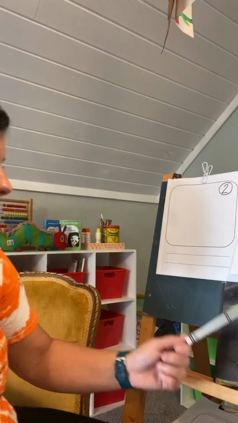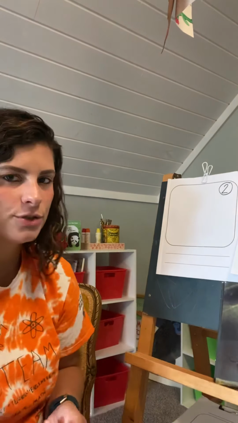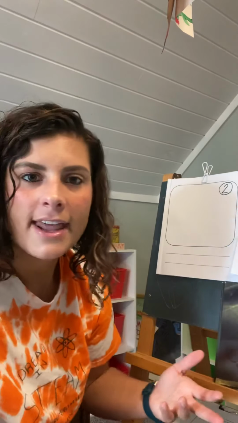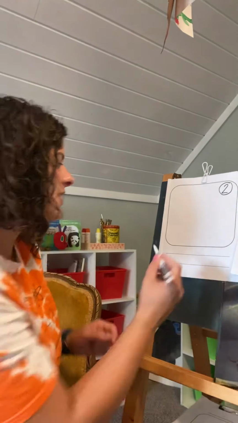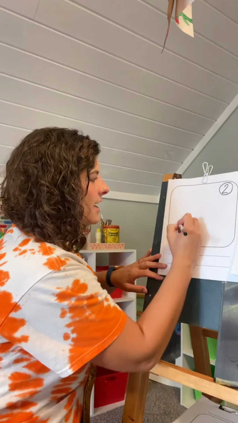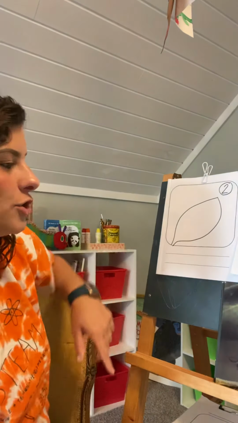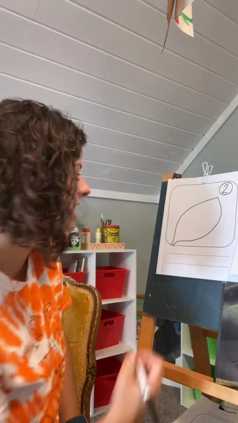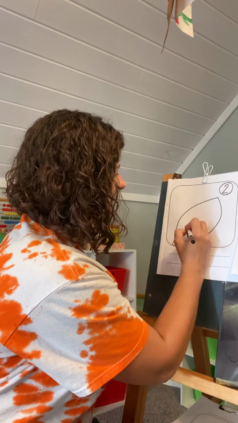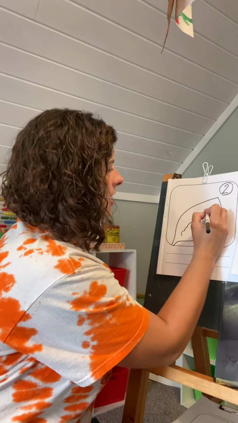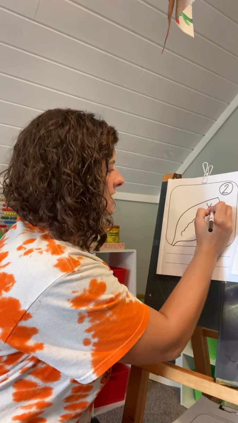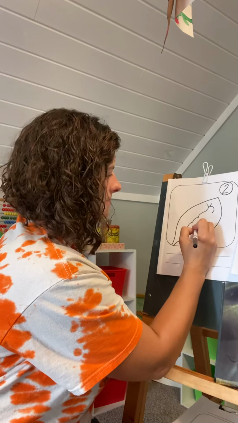So I noticed that the egg is usually on a leaf. And that's where the caterpillar usually hatches. So I think I'm going to maybe start with my big leaf again. And I'm going to draw my caterpillar on the leaf because it seemed almost like my caterpillar was hatching on the leaf, and it had kind of 2 long antennas, had a mouth.